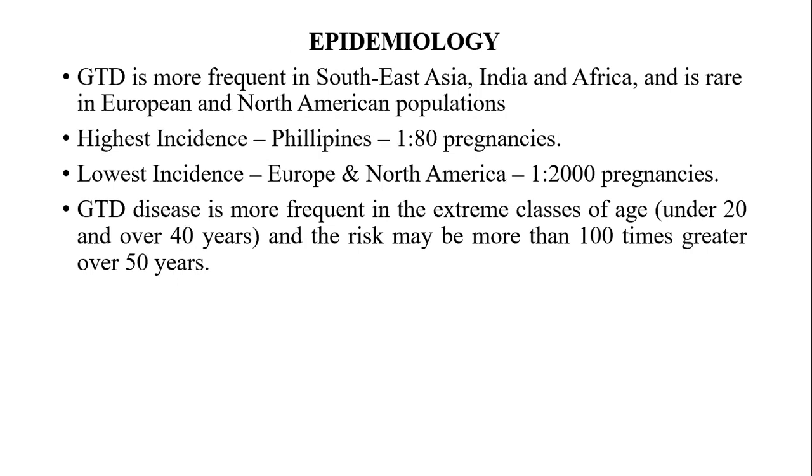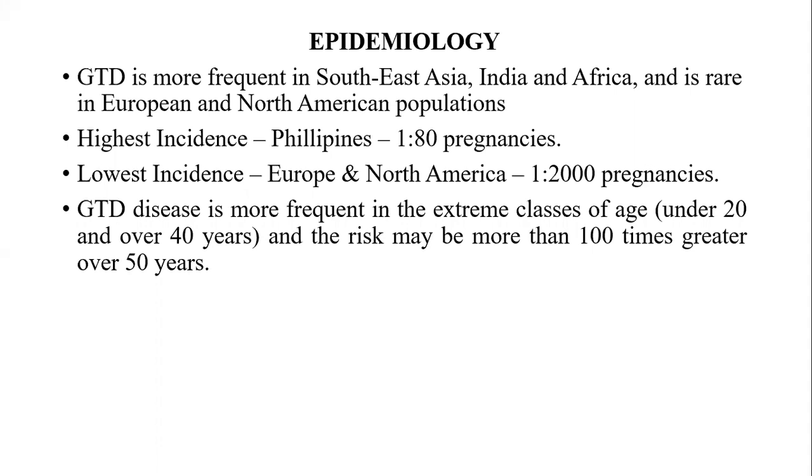So for the epidemiology, it's more frequent in Southeast Asia, India, and Africa, and it's rare in European and North American populations. The incidence is highest in the Philippines, where it's present in about one out of 80 pregnancies. The lowest incidence is in Europe and North America, where it's about 1 in every 2,000 pregnancies.